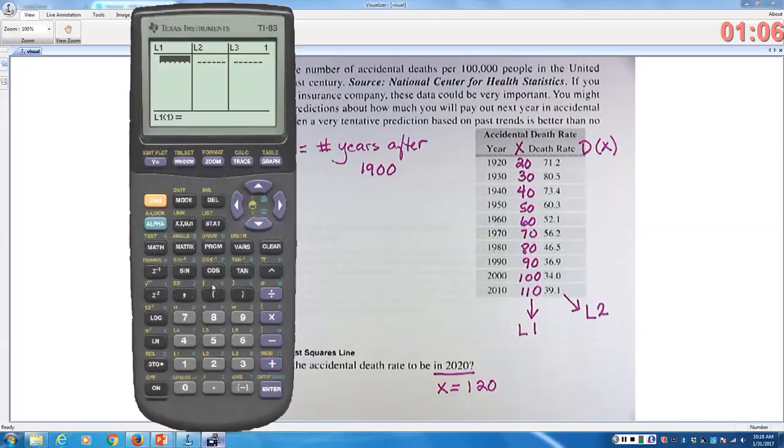So here we go. In list 1, I'm going to enter 20, 30, 40, 50, 60, 70, 80, 90, 100, and 110. And then I'm going to enter the death rates in list 2.